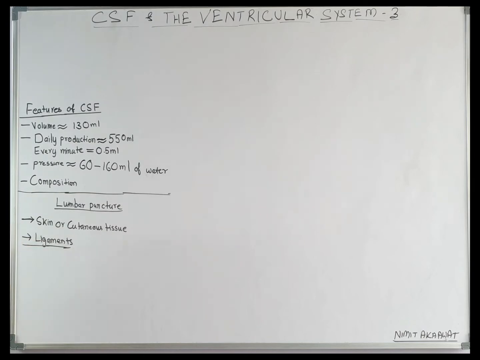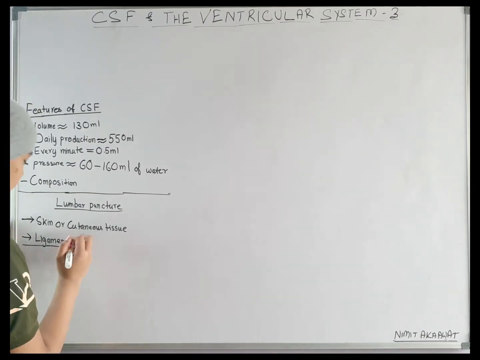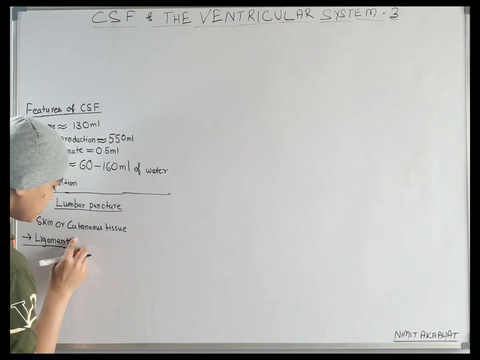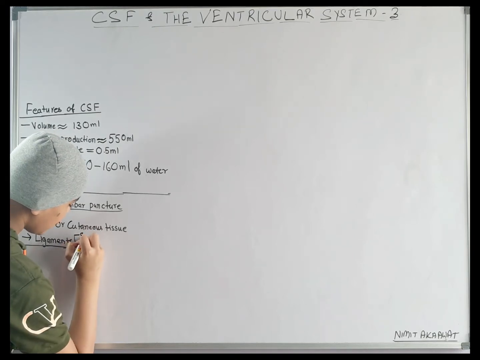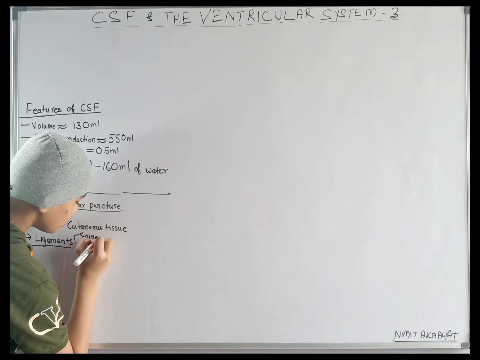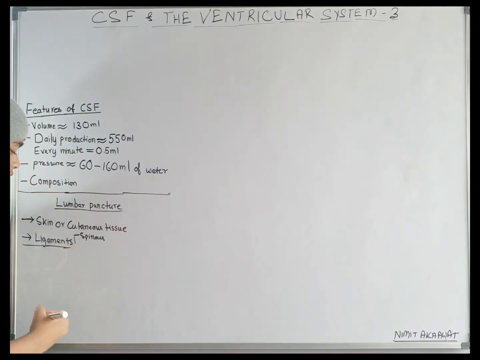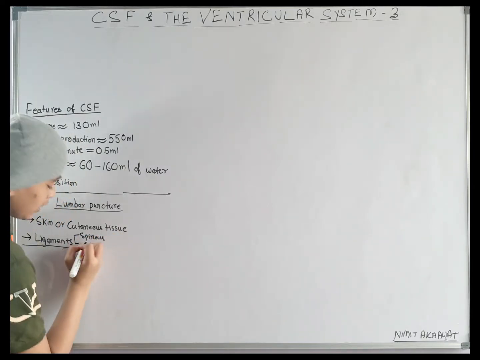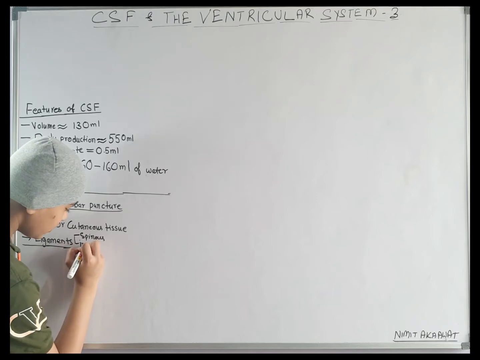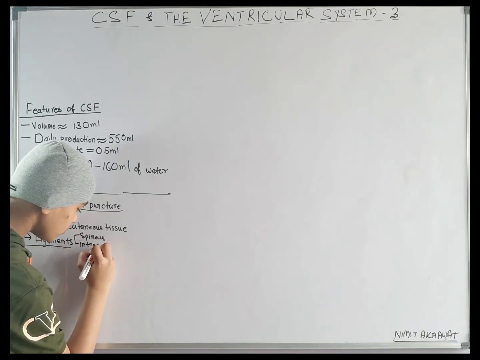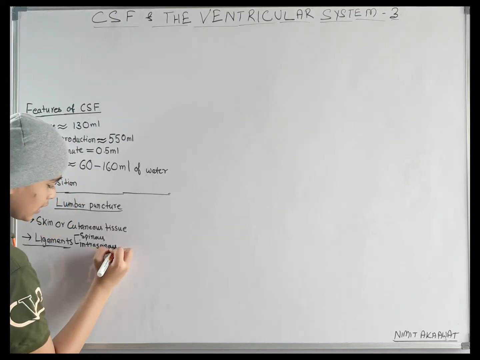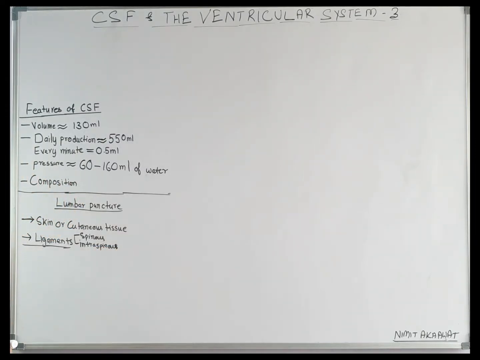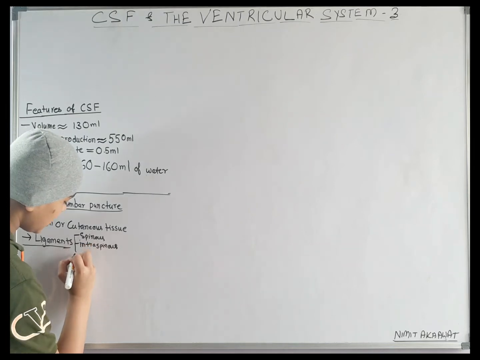So, there are 3 major ligaments: the supraspinous ligament, then the interspinous ligament, and then the ligamentum flavum.